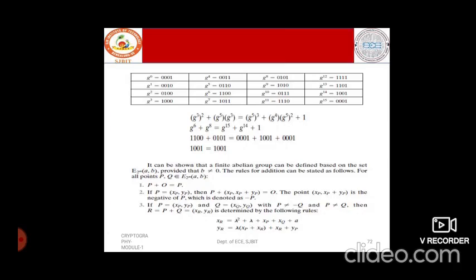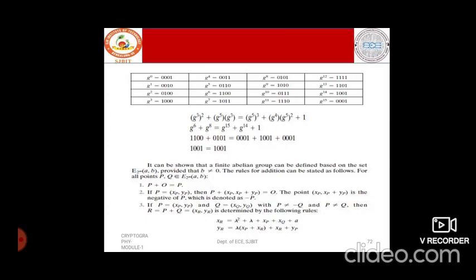Now consider the elliptic curve y square plus xy is equal to x cube plus g power 4 x square plus 1. In this case, a is g power 4 and b is g power 0, which is equal to 1. One point that satisfies this equation is (g to the power 5, g cube), as shown here. The table lists the points that are part of this E2 power 4 (g power 4, 1).